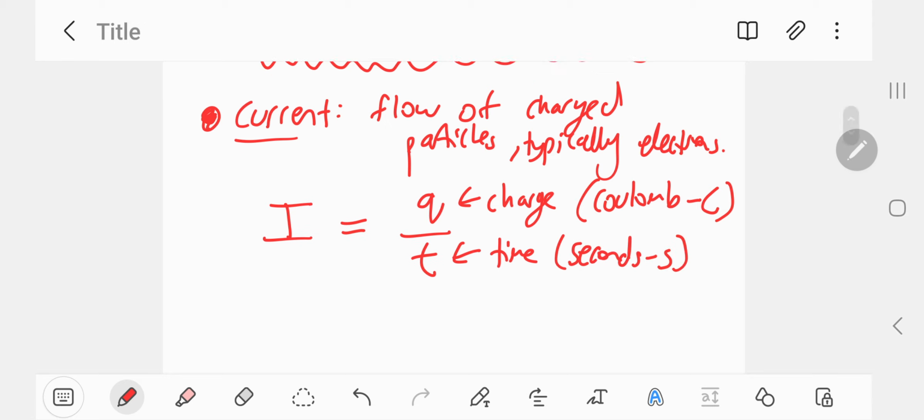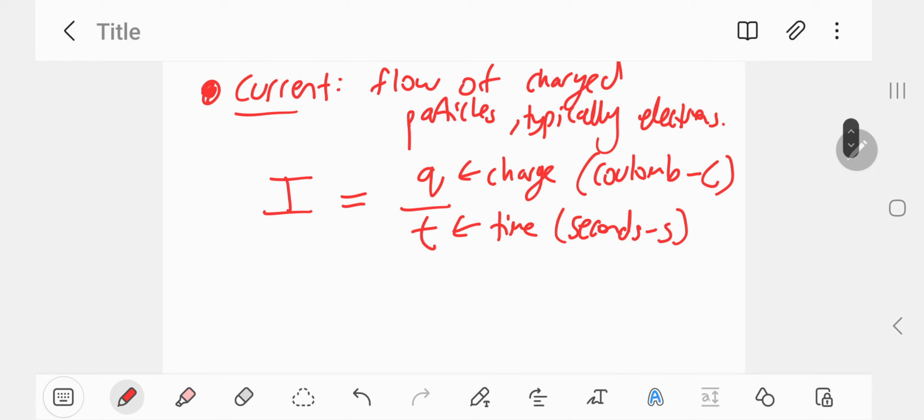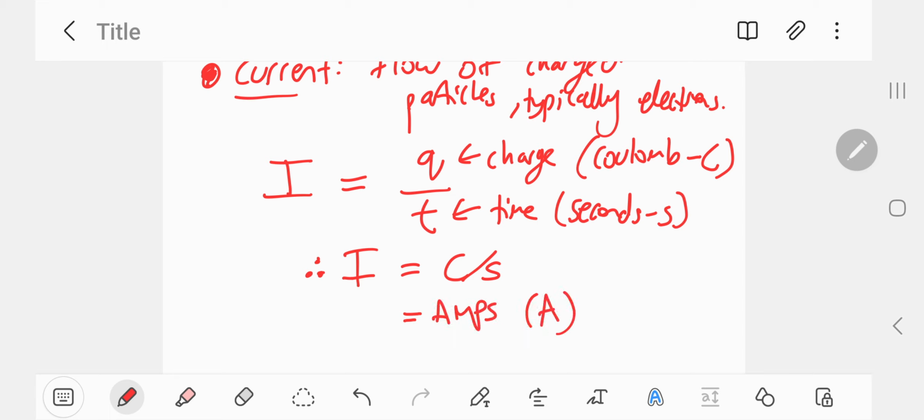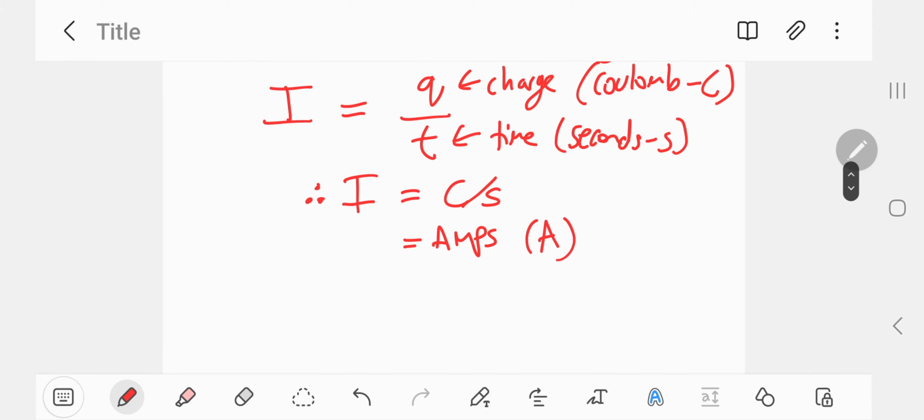Okay, SI units for time are seconds. So therefore, current has units of coulomb per second, which is just amps. Okay, amperes. So very simple concept.